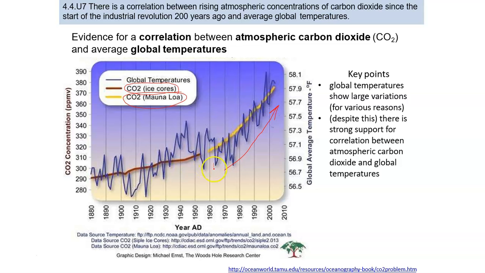But before that, in a much more ancient time, the data were collected from the ice cores. The carbon dioxide which was trapped in the ice cores was collected using that type of technique and technology. Again, it shows the strong correlation between the increased level of carbon dioxide and the global temperature rising.